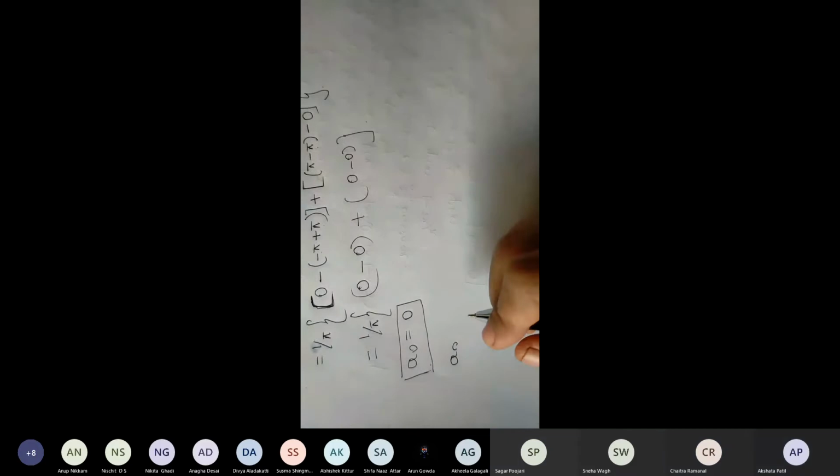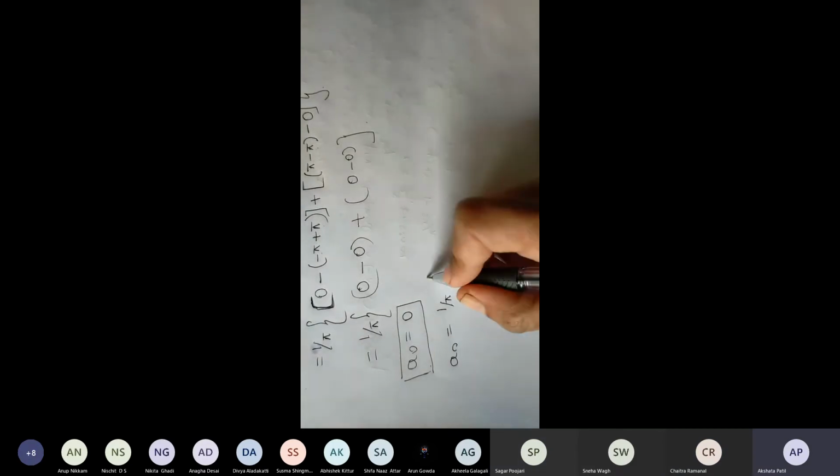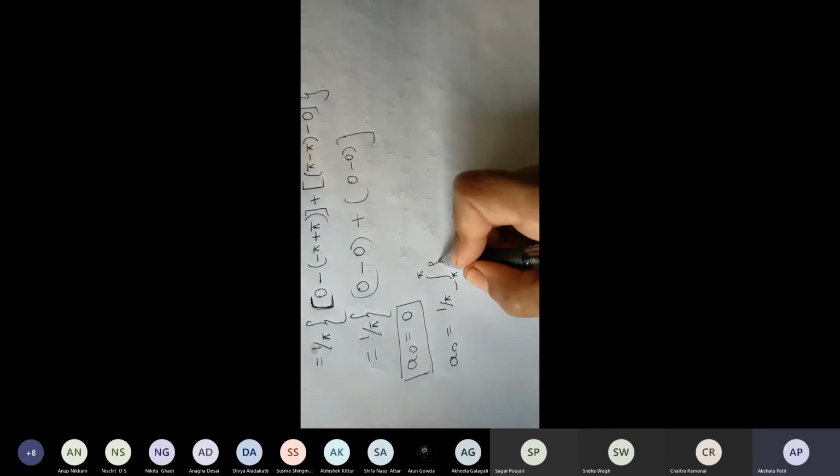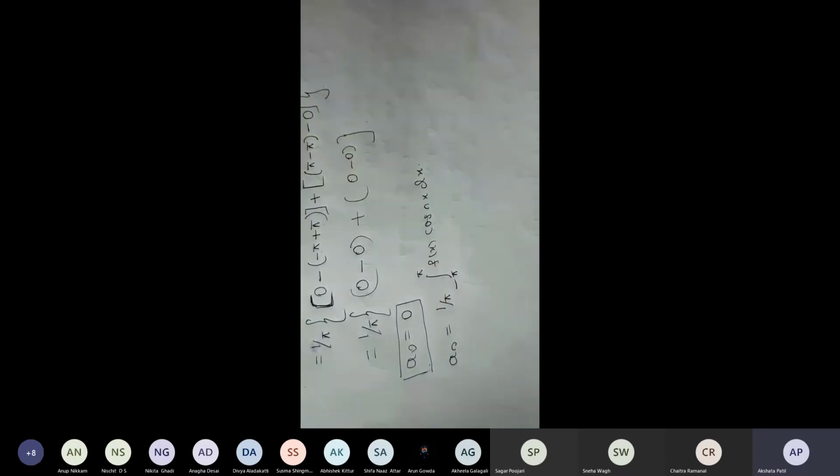Yes, ma'am. An equals 1 by pi. The formula is minus pi to plus pi f of x cos nx dx. Again split this integral here.